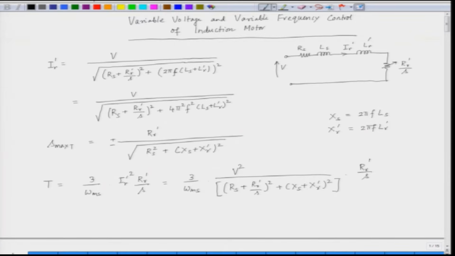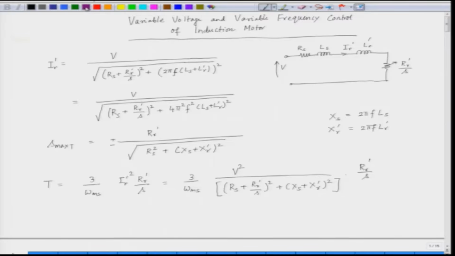Now, we see that the slip for the maximum torque has two values, one is a positive value, other is a negative value. Positive value is for the motoring, negative value is for the braking condition or generating condition. So, when we substitute this S max T in this equation and simplify this, we get the expression for the maximum torque.